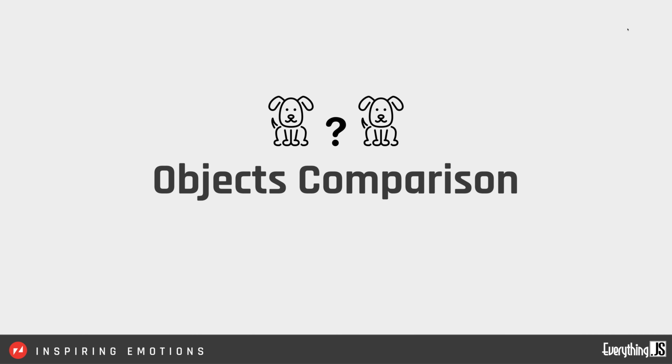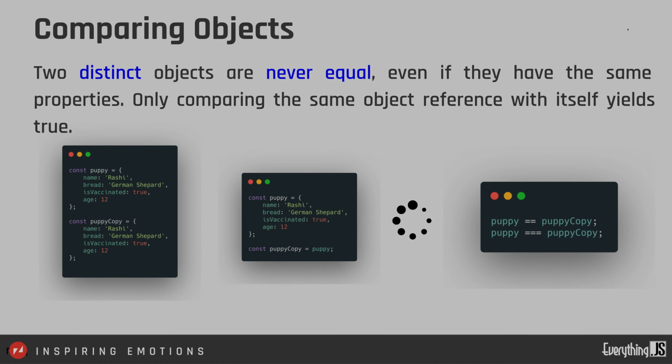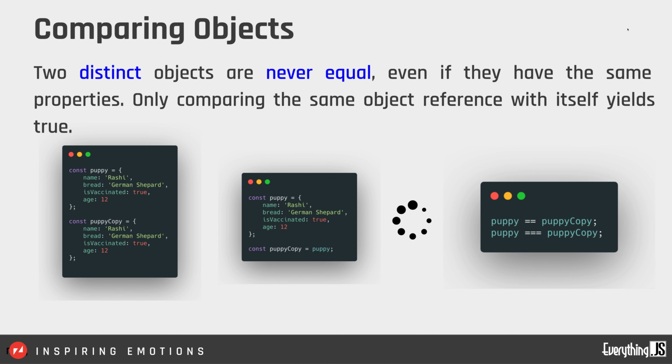Let's discuss how we can do object comparisons. Can anybody answer what the output of this is? There are three code snippets. In the first, we have a puppy object and a puppy copy object, two different objects with the same property names and values.